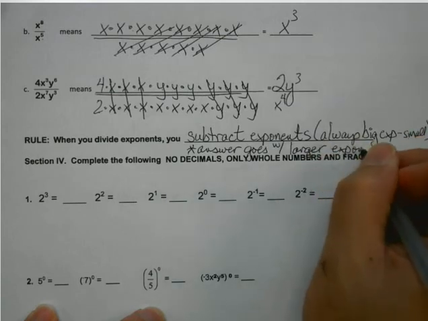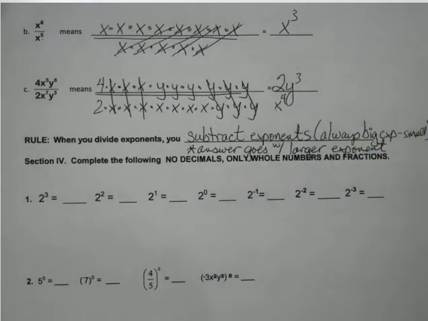Let me explain what I mean. Some teachers say you always do numerator minus denominator, and I don't like that because it gets you into negative exponents. Here's what we mean using example C.